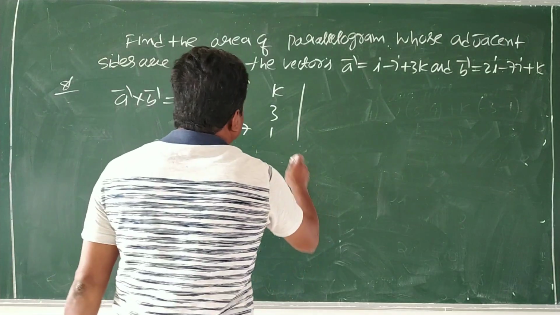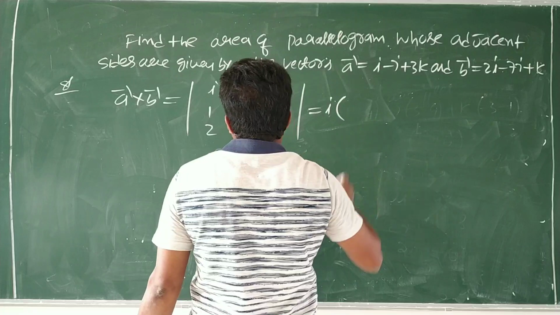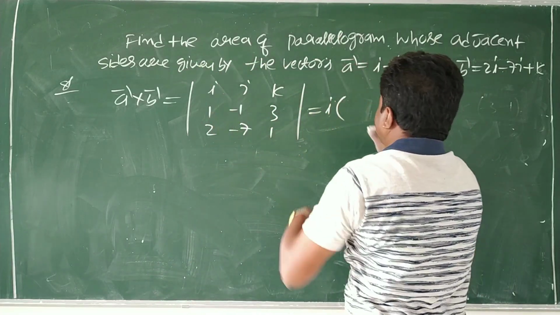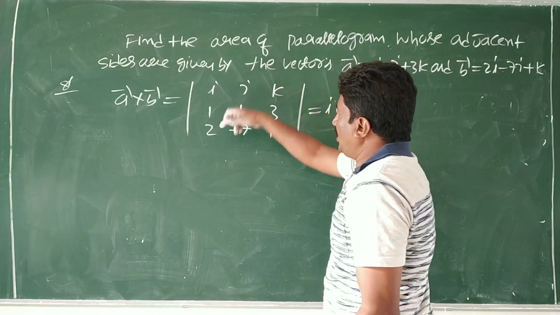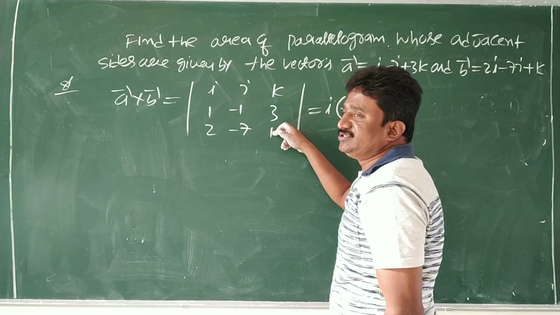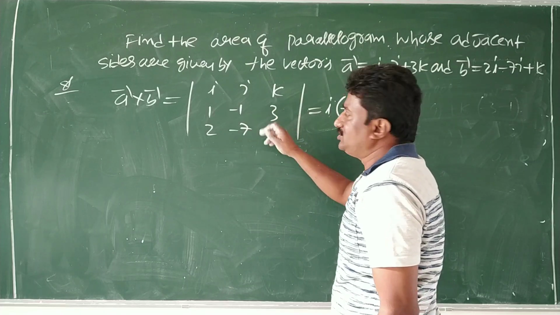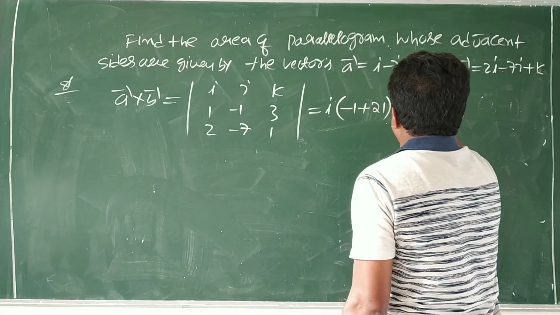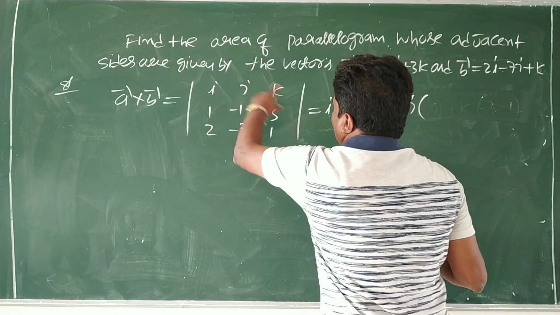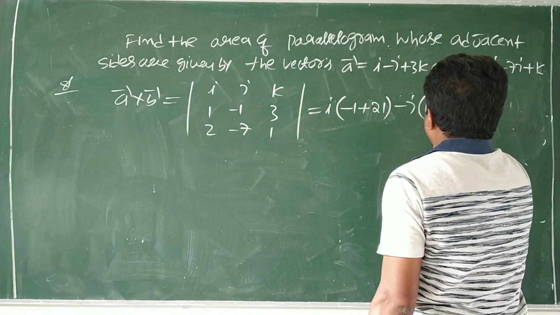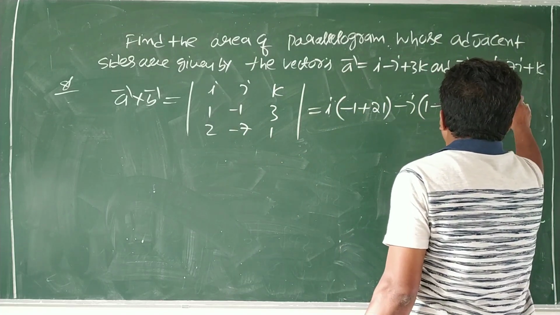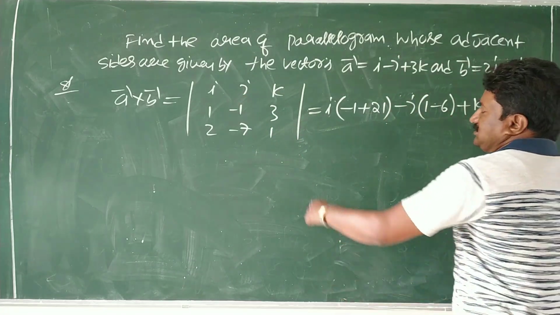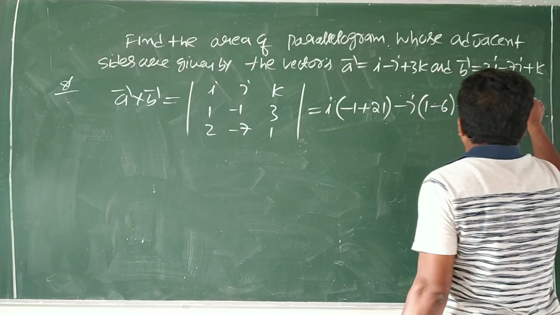Expand it. i into row column, minus 1 minus of minus plus 7 threes are 21. Minus j into column row, 1 minus 6. Plus k into column row, minus 7 minus of minus plus 2.